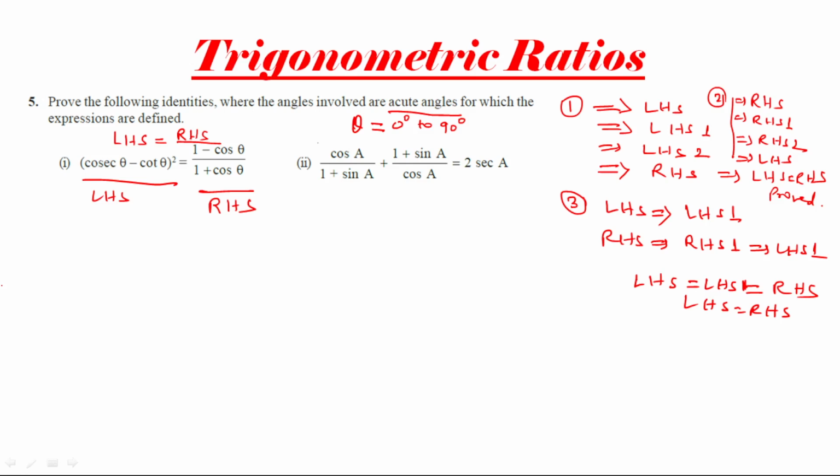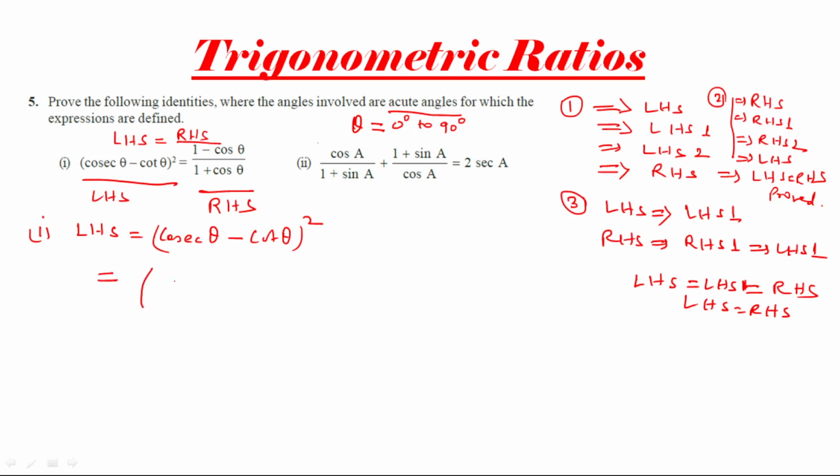Okay? Then let us proceed for solving it. From question number 1, we take LHS, that is equal to (cosecant theta minus cot theta) whole square. Now we will solve it.